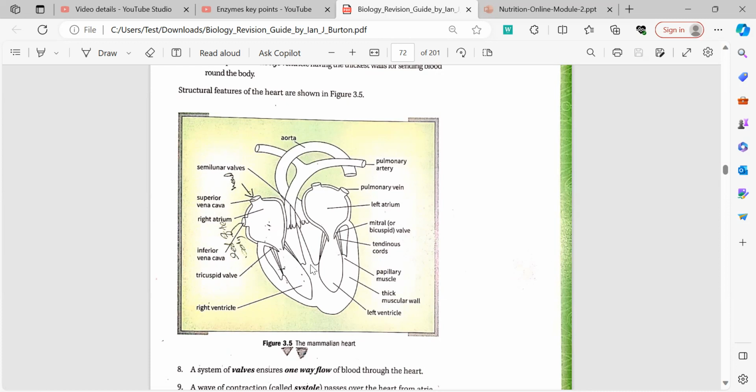This is the right side of the heart, and this is the left side of the heart. The aorta always comes from the left ventricle, on the left side of the heart, and the pulmonary artery always comes from the right side of the heart. It is similar with the superior vena cava and the inferior vena cava.